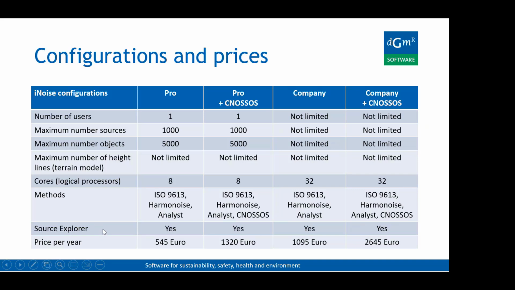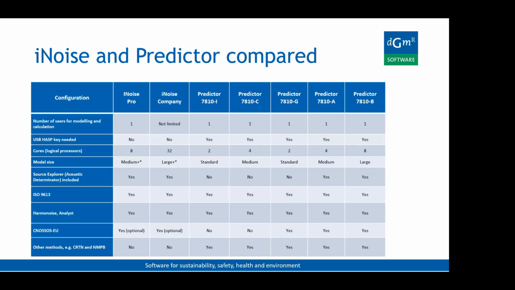Source Explorer can be used for calculating the sound power level of industrial sources according to several methods. Price per year starts at €545 for a Pro and goes up to €2,645 per year for Company plus CNOSSOS. Those are the prices.